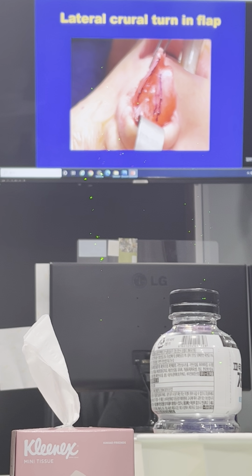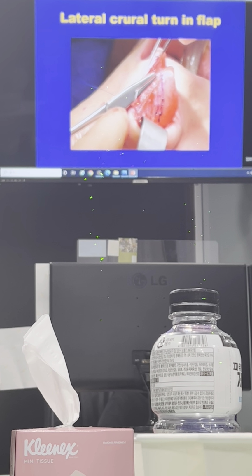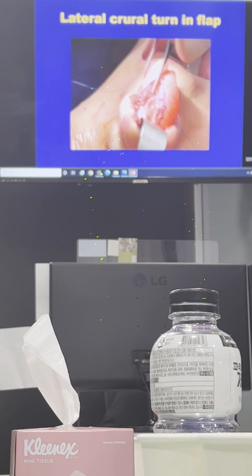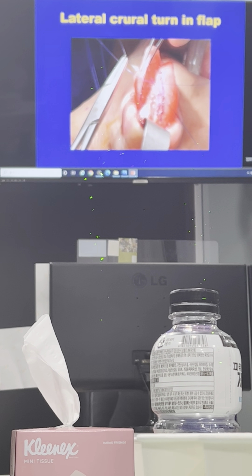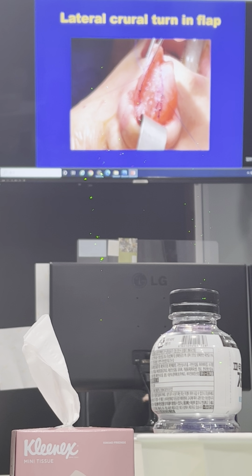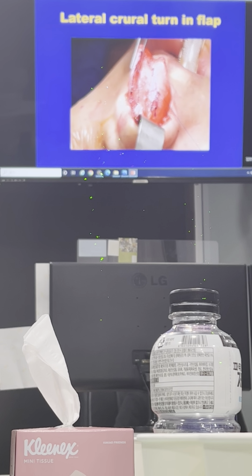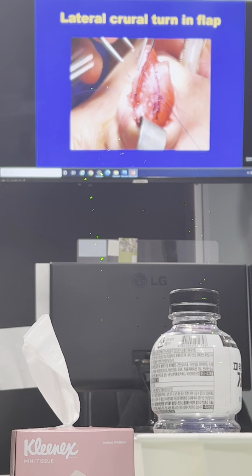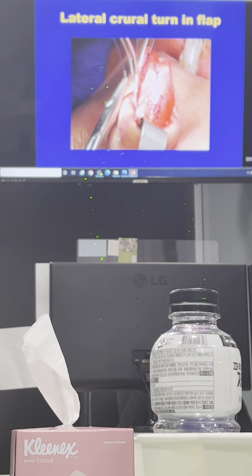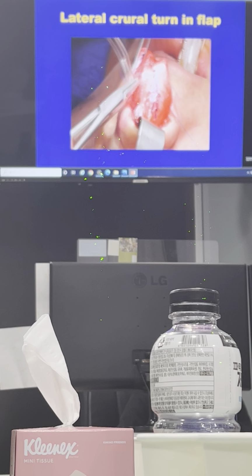I separate the upper part of the lower lateral cartilage. After that, overlap, fold in, and then suture using a fine PDS like this. After that, we can control the shape of the lower lateral cartilage, strengthen the lower lateral cartilage, and also control the curvature of the lower lateral cartilage.